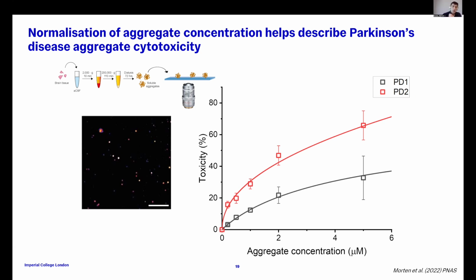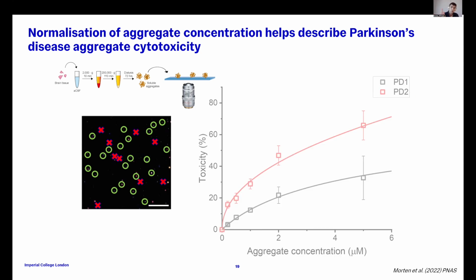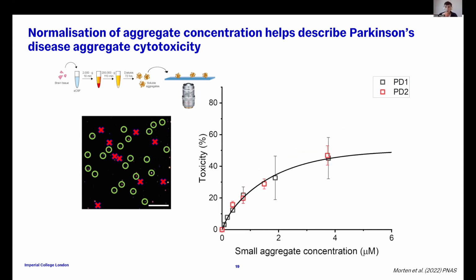And we can show, again, if we look at the cytotoxicity response at just the total aggregate concentration, we get very different profiles. But if we exclude all those aggregates that are larger than 450 nanometers, and we normalize our aggregate concentration to represent just those aggregates that we think easily penetrate the cell membrane, these profiles converge, and then we are able to see what could be a disease-specific profile.